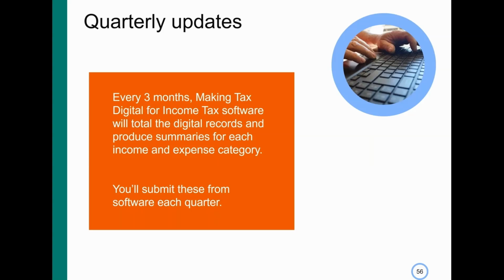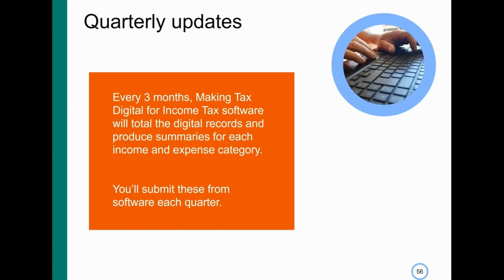The key consideration is who will create and maintain the digital records, and who will submit the quarterly updates. This could be you, an accountant, or a bookkeeper. It is important that you understand what is involved in digital record keeping and quarterly updates, and if you already have an agent, you may want to discuss options.